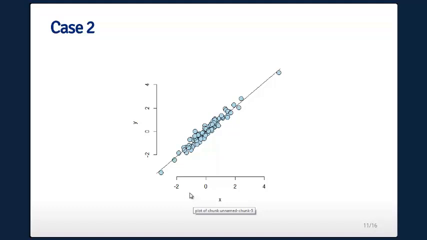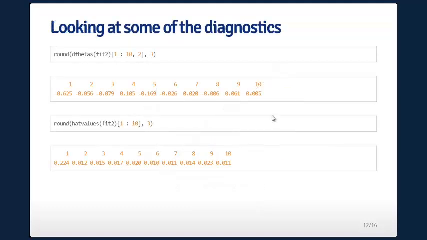Okay, so now let's consider a case where there is a regression relationship, and see the point, which is sort of outlying in terms of its x and y values, but still quite well fits the regression relationship. So in this case, if we do the DFBETAs, you can see that that point is generally in line with the other ones, not outrageously so, but its hat value is quite a bit bigger than a lot of the other data points.